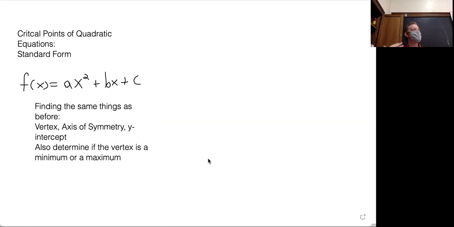So you're still finding the same 4 features of our graph that we were looking at last week. We're just starting with different information this time. We're starting in a different form.